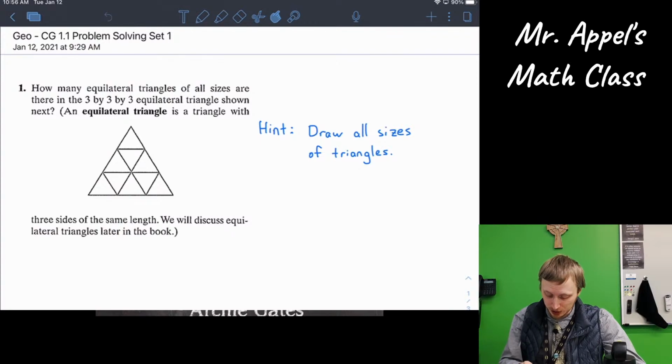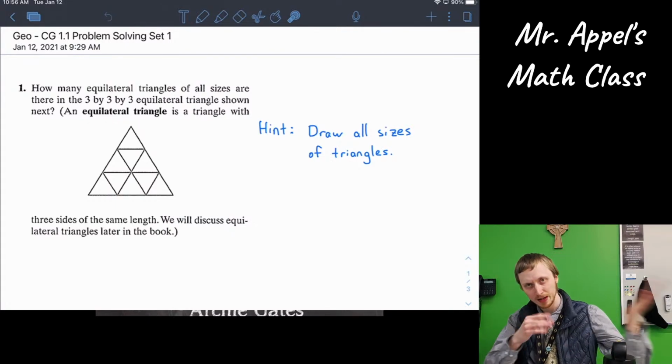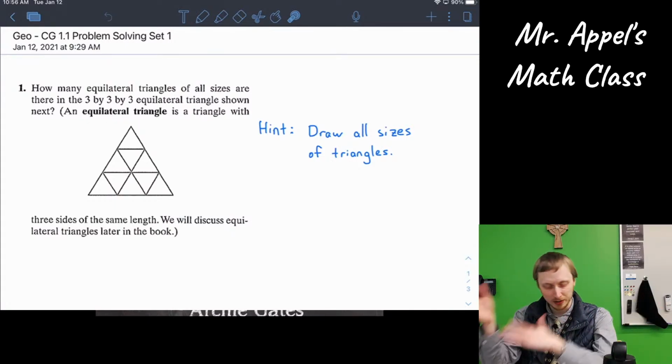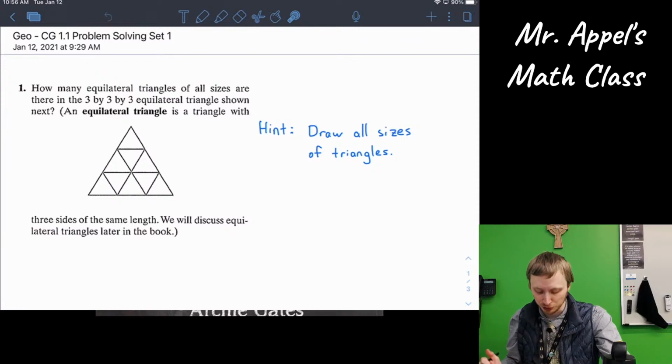So the first problem we have to address is this one. How many equilateral triangles of all sizes are there in the 3 by 3 by 3 equilateral triangle shown next? And because this is the beginning of the geometry book, it is not assuming that you already know equilateral triangle. That'll be a fresh vocabulary term later when they get to the triangle chapter, right?